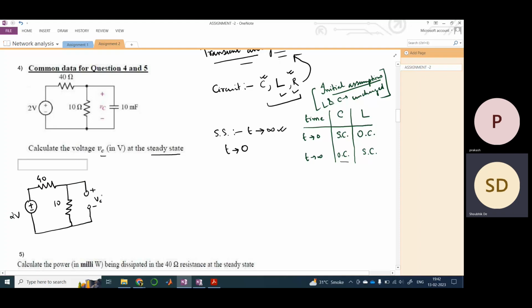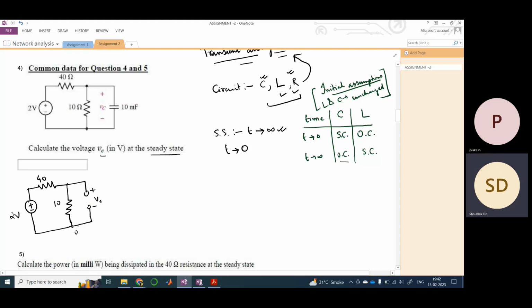Now if you remember the nodal analysis that we performed last week, this open circuit voltage is nothing but the voltage across this terminal and this terminal.